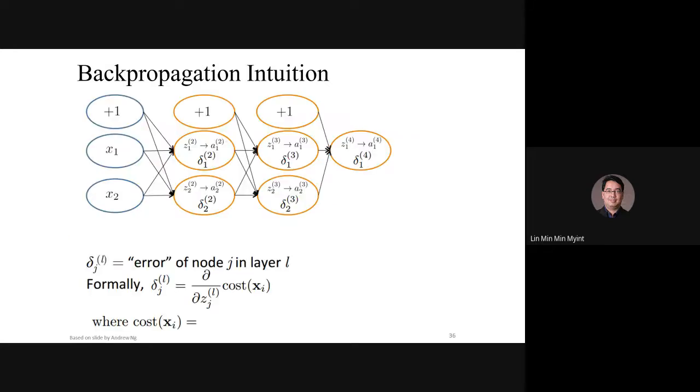So the idea is like this. Actually this is for the B. But to make it easy, in this case we put that B as a weight omega 0. Omega 0 1, omega 0 2, like this.